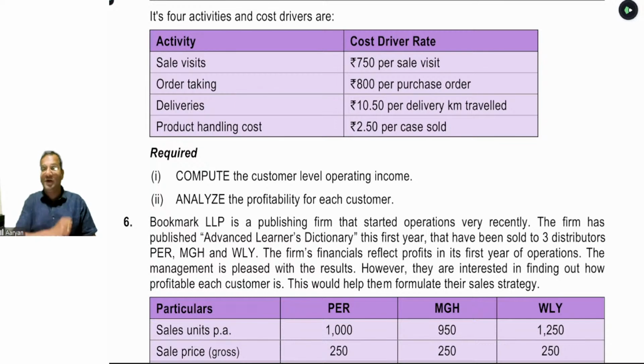A very important thing we discussed in the last session: if we have, suppose, 4 products, customer profitability of one product cannot be compared with the customer profitability of a second product. To make a comparable discussion, the product must be the same.